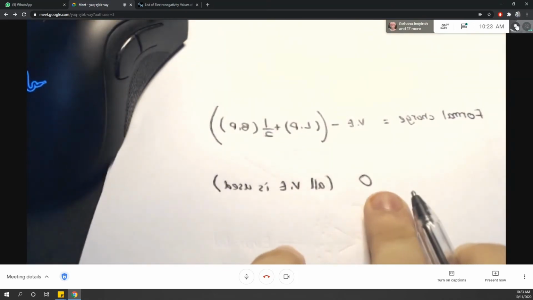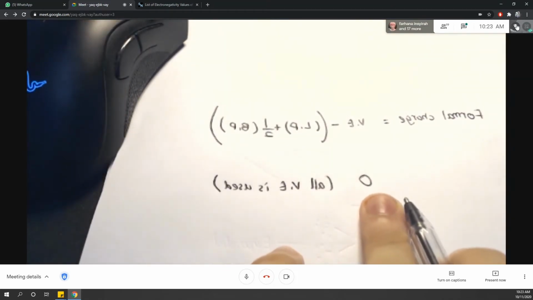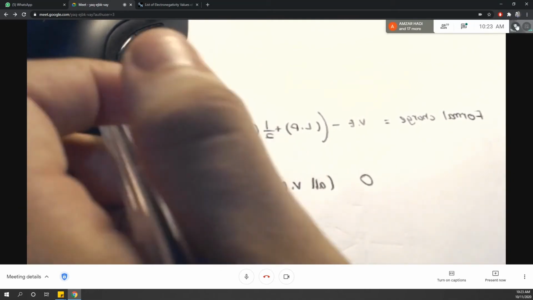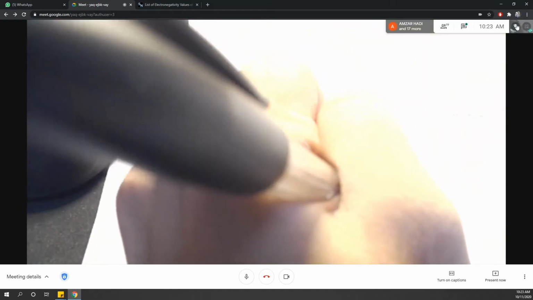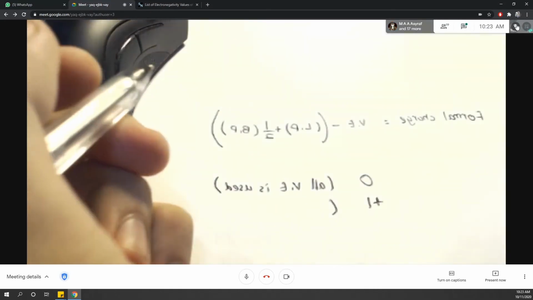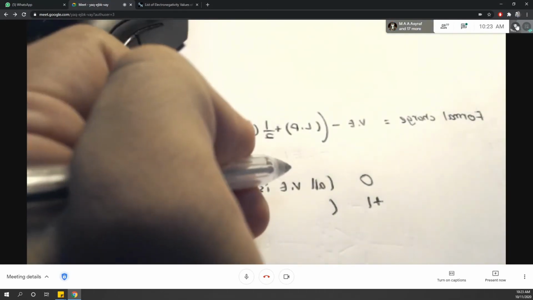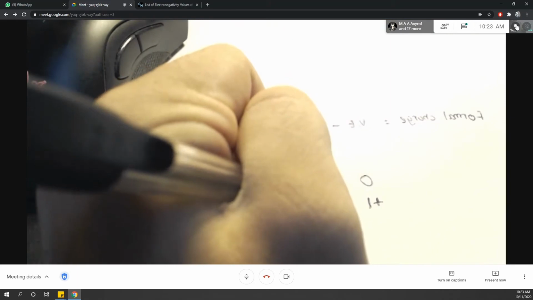Okay, kalau charge, kalau kita dapat kosong, all valence electron dia yang dia ada semua diguna untuk jadi bonding ke, jadi lone pair ke, semua diguna. Okay, kalau dia ada plus, maksudnya kita tak guna semua.